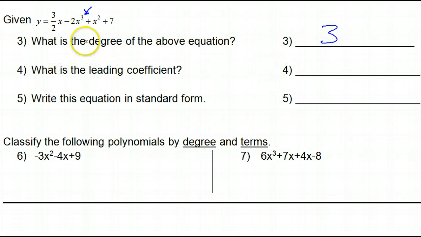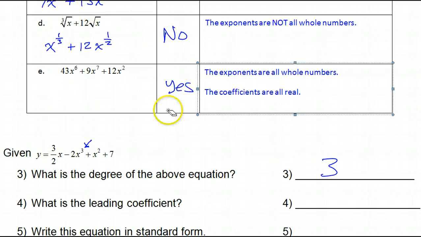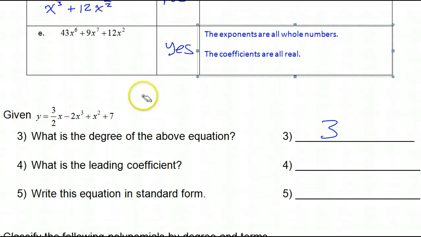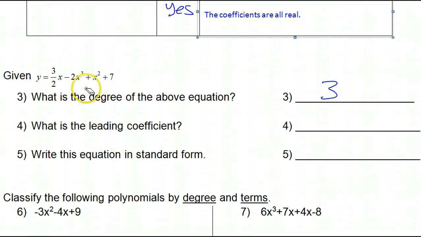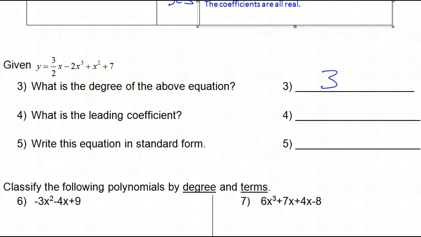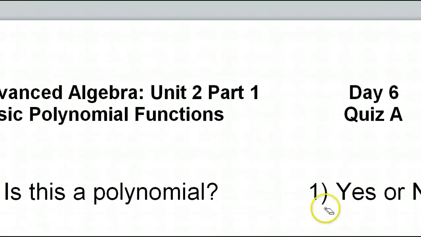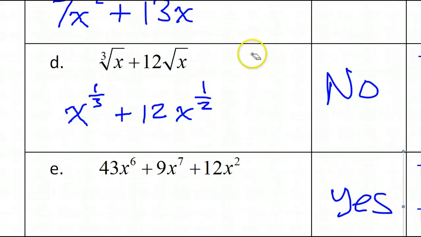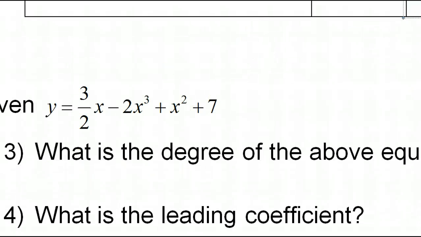Now, the leading coefficient. The leading coefficient is going to be the coefficient of the term that we got the degree from. So let me zoom in a little bit. That highest power was the third power, so this term is going to be the term of the leading coefficient.